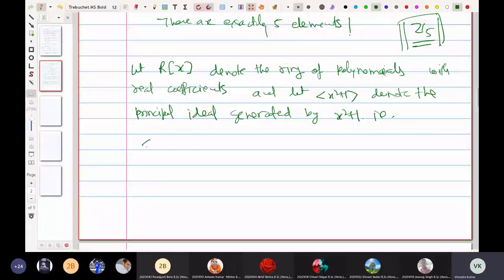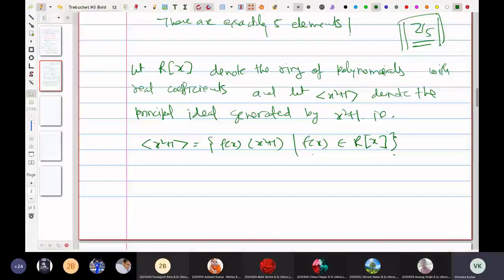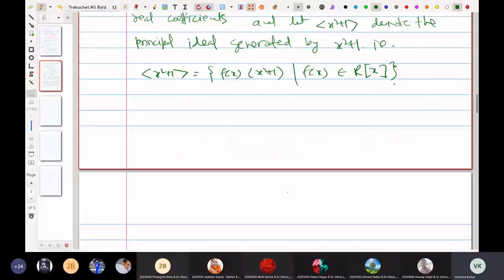That is, you know that the ideal generated by x square plus 1 contains the elements of the form f(x) times (x square plus 1), where f(x) is any polynomial, for each polynomial f(x) belonging to R[x]. So this is the principal ideal generated by x square plus 1. And then we can talk about the quotient ring R[x] by the ideal generated by x square plus 1.